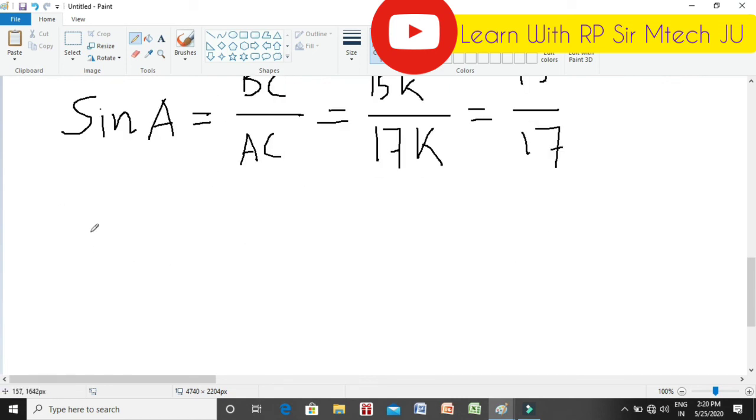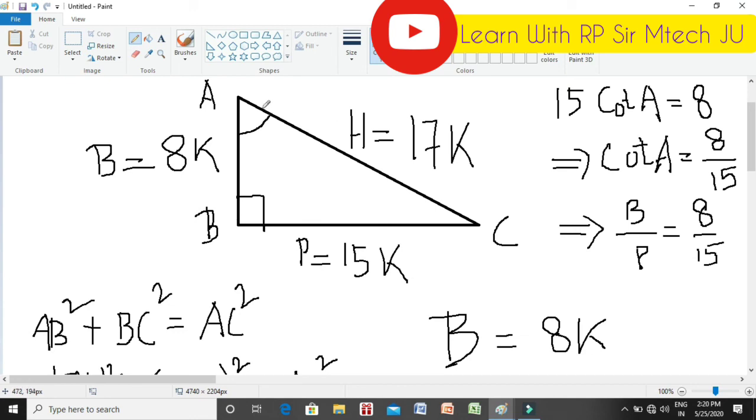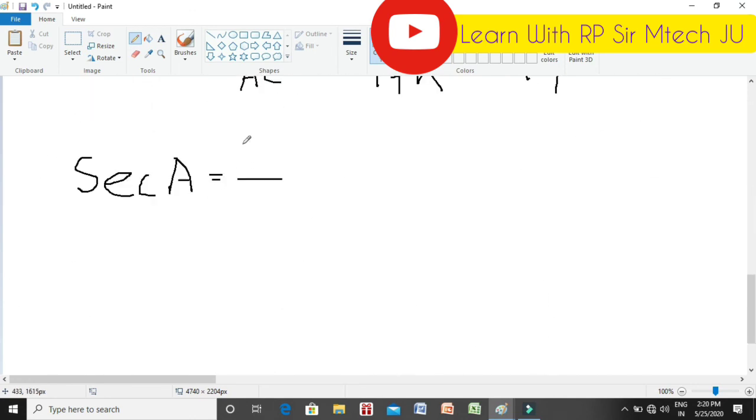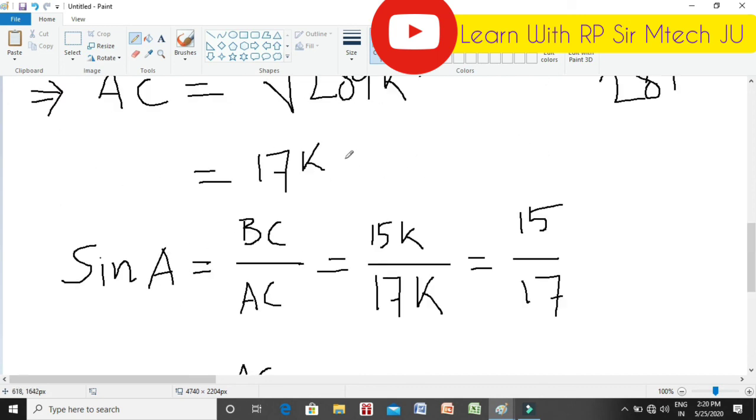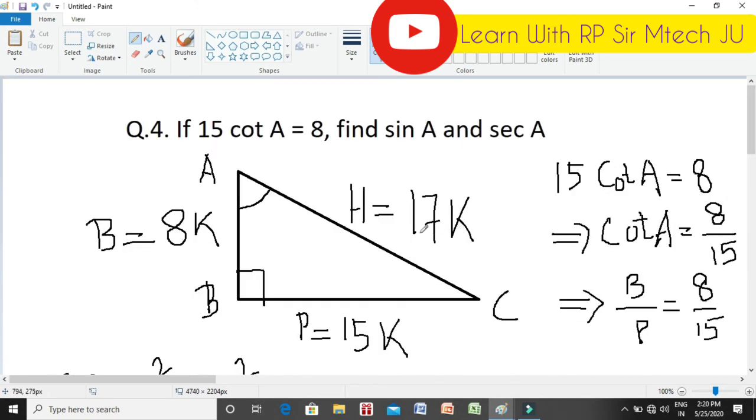And the second one is sec A, and sec A is hypotenuse by base. So the hypotenuse is AC and base is AB. So AC by AB. The values: AC is 17k and AB is 8k.